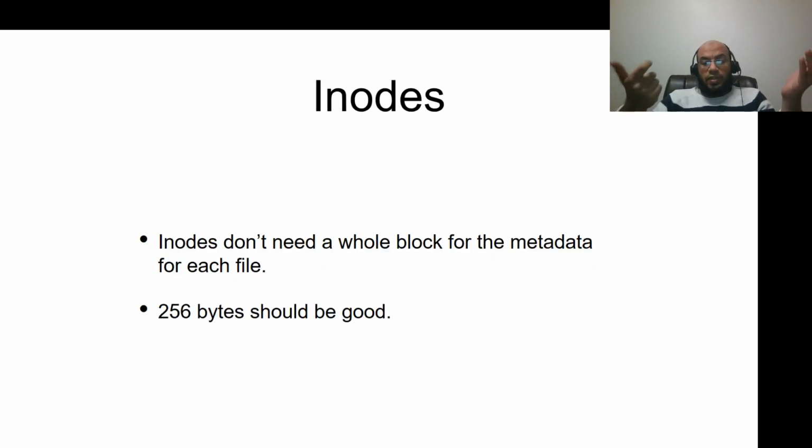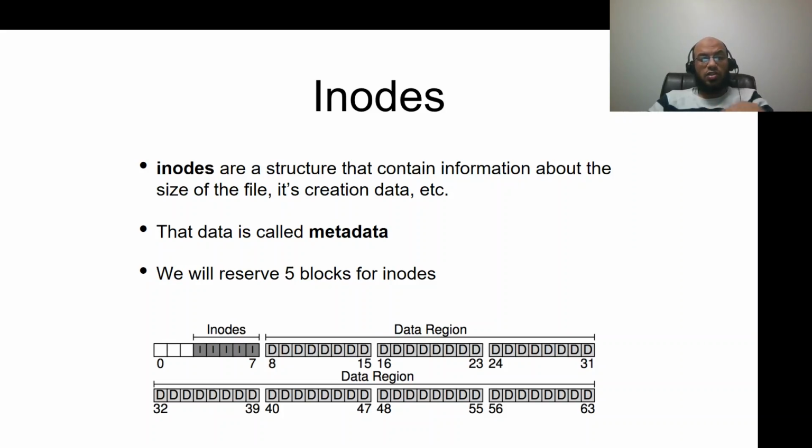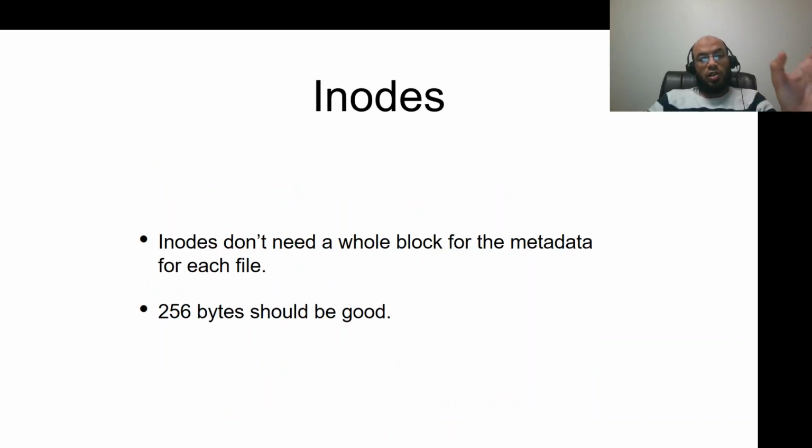Your inode is the metadata for each file that you have. A 256 byte inode is quite common, and 256 bytes is plenty of space to store all the metadata for each file. So for each file, on the blocks from block 3 to block 7 that you have reserved for inodes, you're going to store 256 bytes.